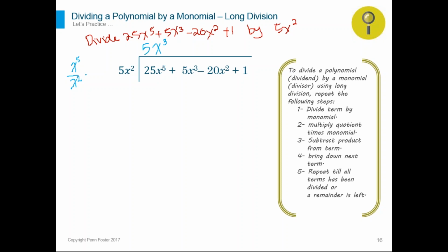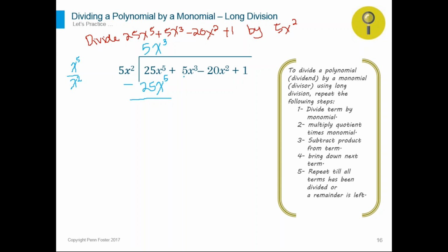So the first step is divide. Then multiply. 5 times 5 is 25. X to the 3rd times x to the 2nd will give you back the x to the 5th. Now you need to subtract. 25x to the 5th minus itself will give you a 0, nothing.